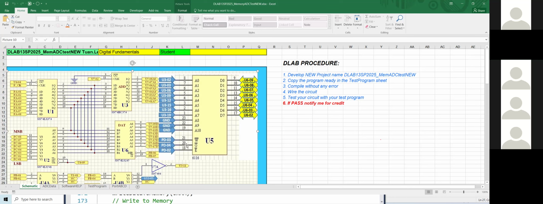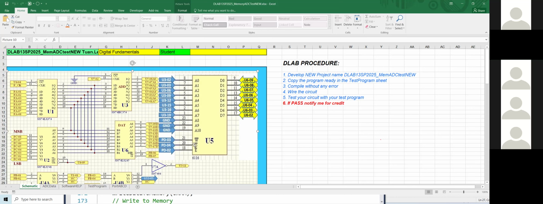How about pin 20? Is it 1 or is it 0? Hang on. What logic is supposed to be? 20 is 1 and 21 is 0. Yeah, now you understand. U5 pin 20 means output enable.